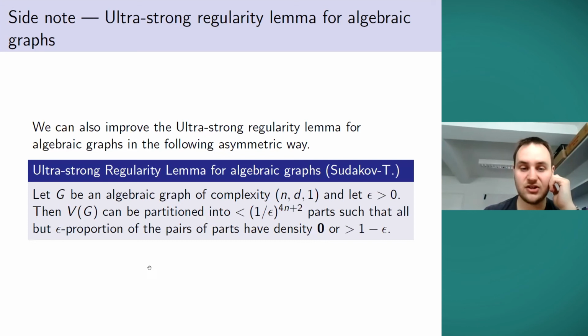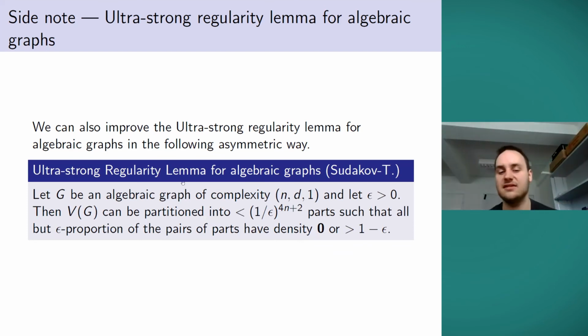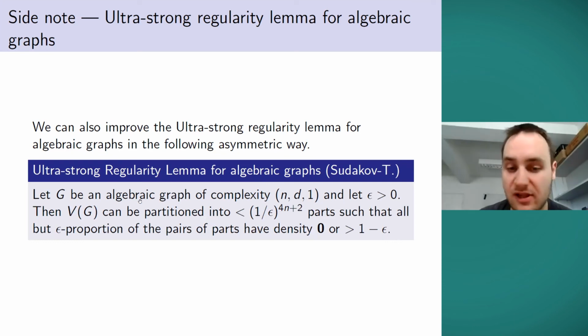If we have a strongly algebraic graph of complexity d and we have some parameter epsilon, then we can again partition into a polynomial number of parts in 1 over epsilon, such that all but an epsilon proportion of the parts have either density 0 or at least 1 minus epsilon.